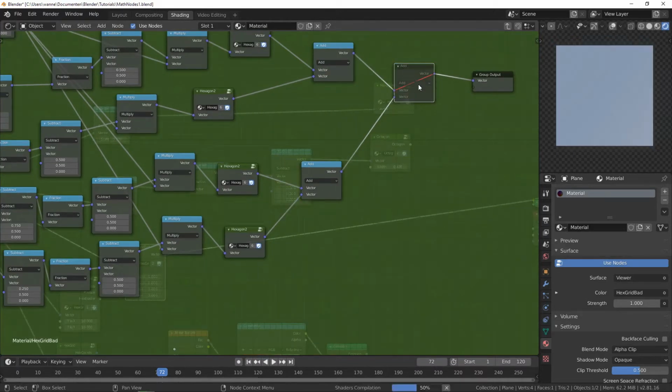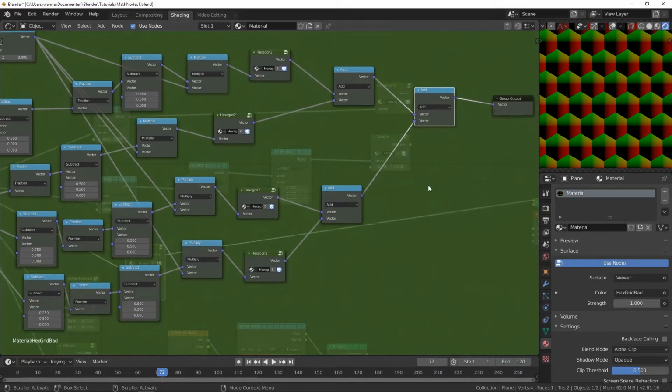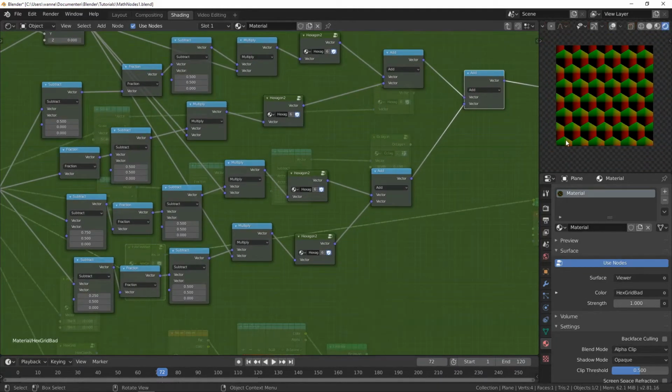Or the other part, I can mute one of them, so you can see that they're now tiled to each other. And then I did the same thing on the bottom, but then with an offset, so that instead of starting at this place, it starts here, and that way they line up perfectly.